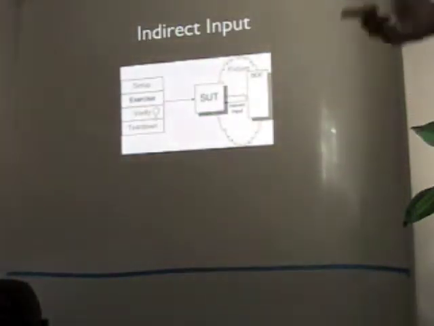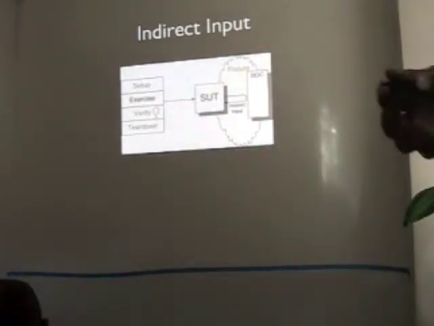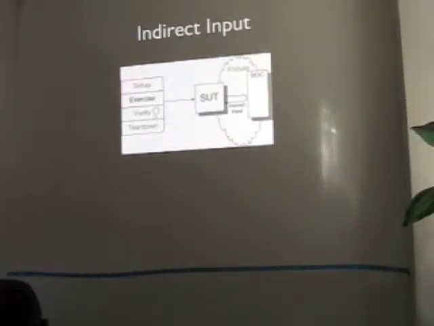So here is the indirect input I'm showing in this diagram. I'll go over this in more detail once I go through the terminology. I'll be covering this canonical test structure, how it is structured, and I will explain what it is. For now, I just want you to observe. In the exercise space, I'm just sending a message to whatever I'm testing. SUT is the system under test, whatever I'm testing. It could be an object, or just a method in an object. See, it has a dependency on someone else.